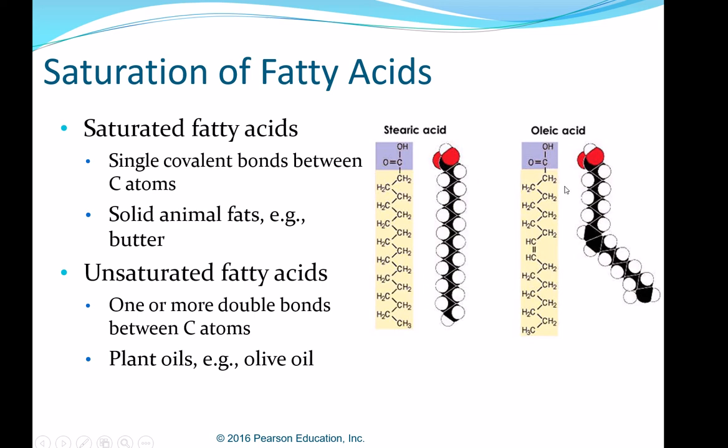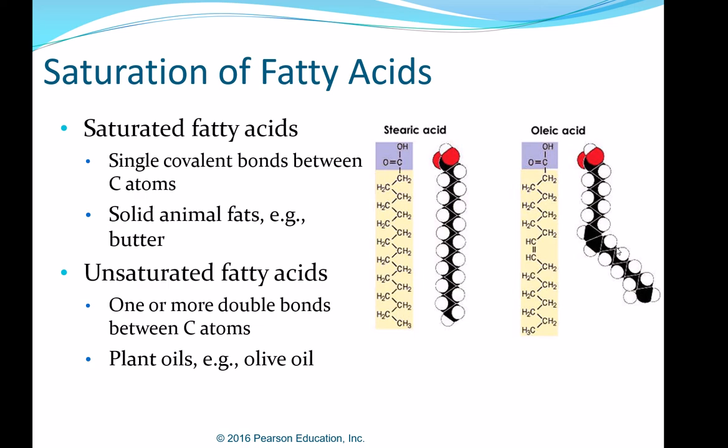Conversely, oleic acid and other unsaturated fatty acids will have at least one double bond between two of the carbon atoms. They might have more, but they have to have at least one. And so this adds a little kink into the structure of the fatty acid. And so they can't stack on top of each other anymore and pack really tightly together. So unsaturated fatty acids are things like plant oils, olive oil, avocado oil, and so on.